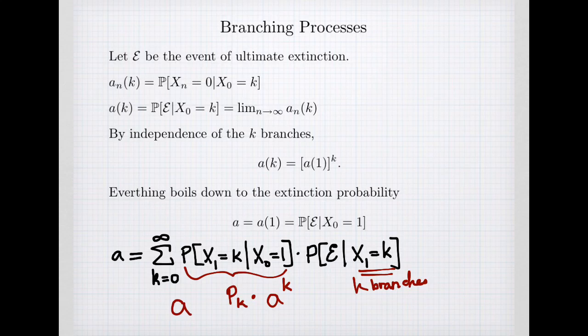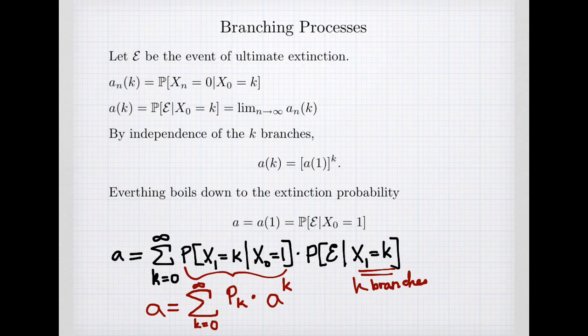And so A equals the sum of p_k a^k, sorry, I missed the sum. Let me fix that. We're going to sum, k is going to go from 0 to infinity, and this is how we calculate A. And this is what we defined earlier as our probability generating function.